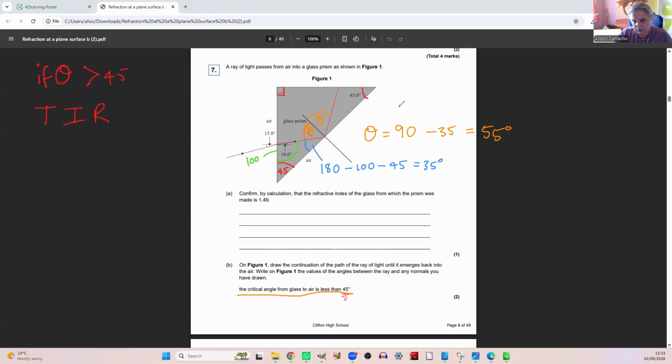That's got to look the same size. Which means that, oh, look, that is going to be 35. That's 45. Oh my goodness. Can you see the symmetry of this? This is going to come out of there at 15 degrees.